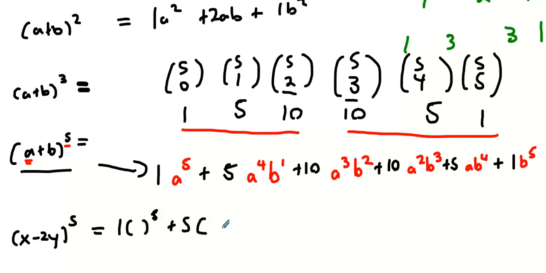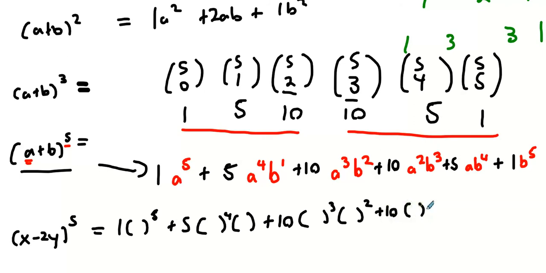Just replace them with nothing for a minute. I'm currently rewriting the full thing with blanks, haven't I? And then finally just B to the power of 5.